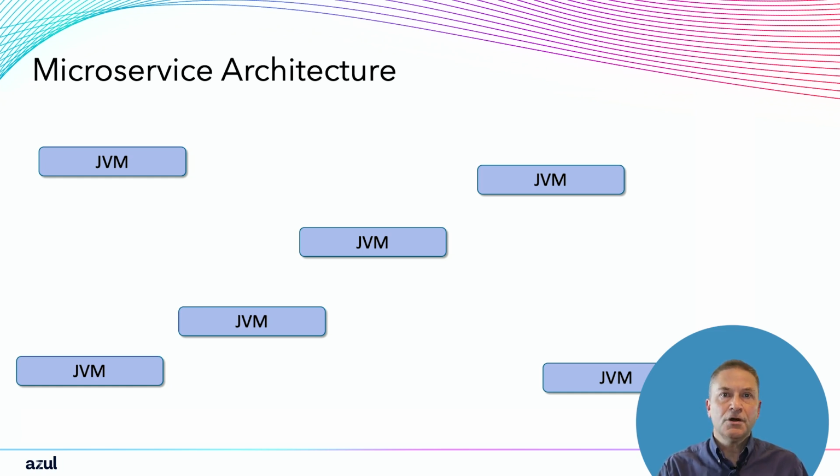They have no idea about other JVMs in the system. They have no idea about what's happening with other JVMs. All they're aware of is the code that they're executing for a particular service. Now this is limiting because if we have multiple instances of a particular service, then there's no ability to share information amongst JVMs running the same service.